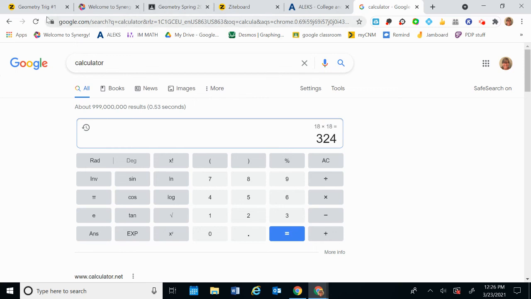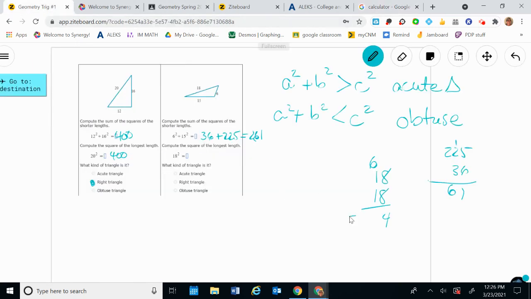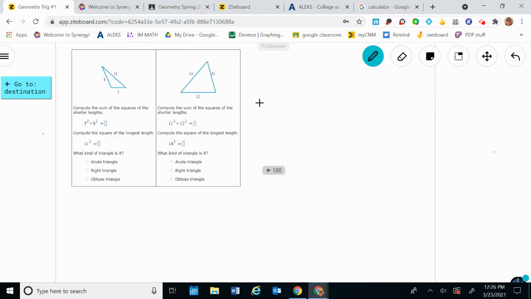It's 324. It's one of those I just don't remember. So 324. So obviously this is not equal, but look, it's less than. A squared plus b squared is less than c squared, which means I have an obtuse triangle. So you just need to find which one it is. It's that one.